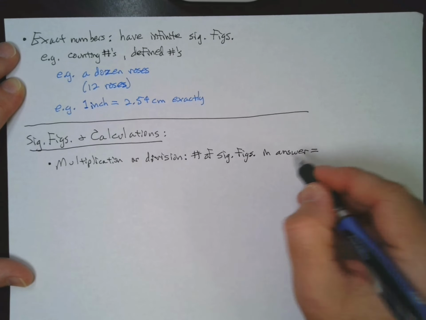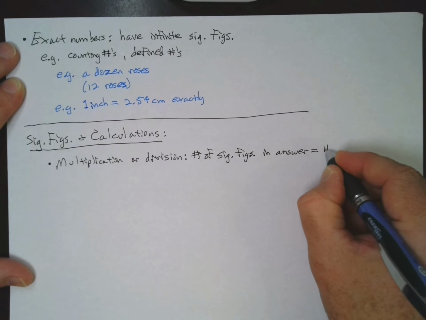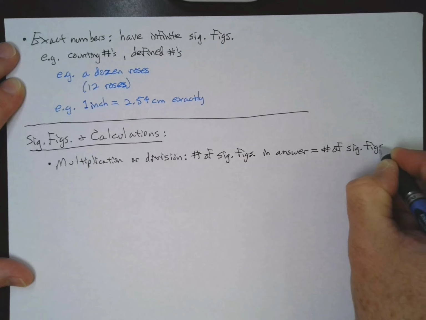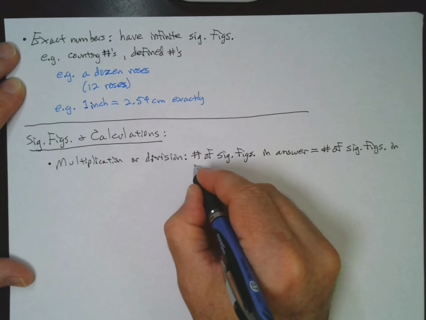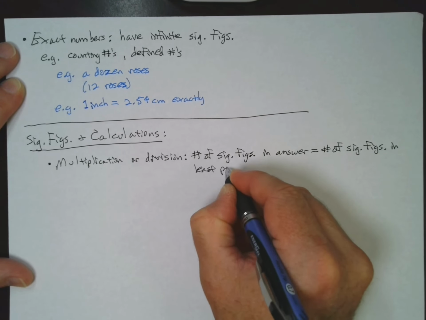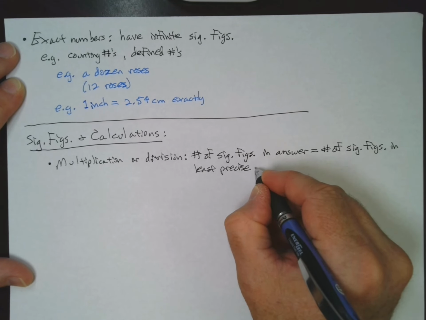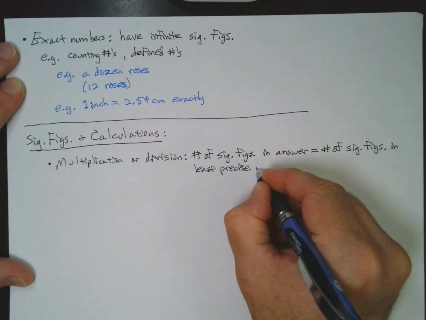So the number of sig figs in the answer equals the number of sig figs in the least precise number.